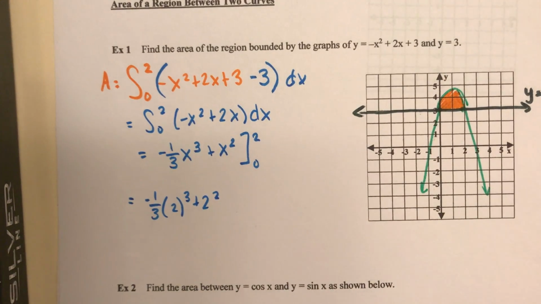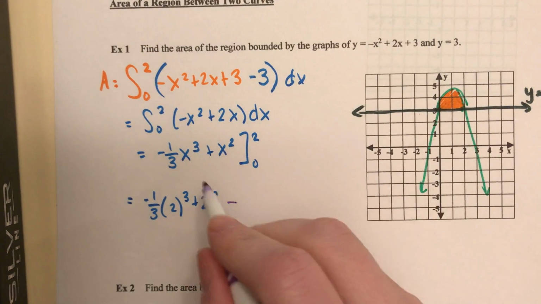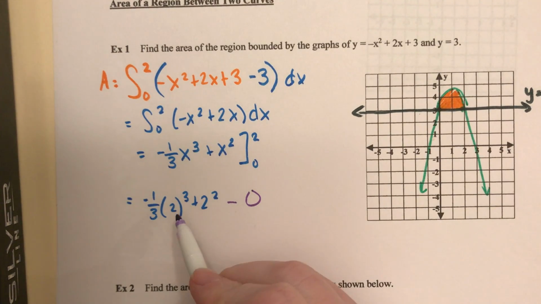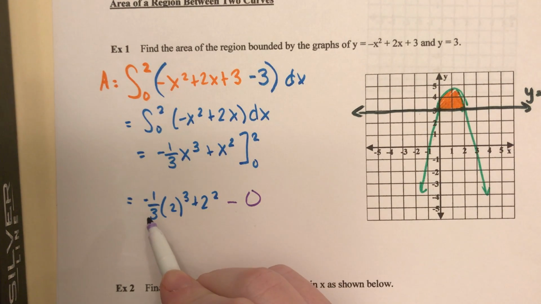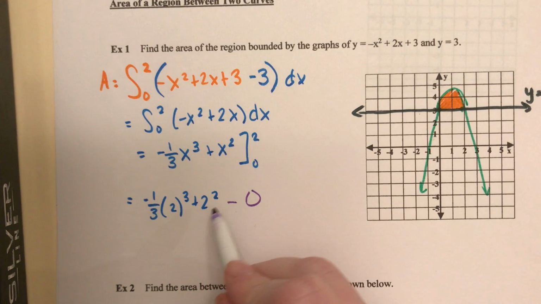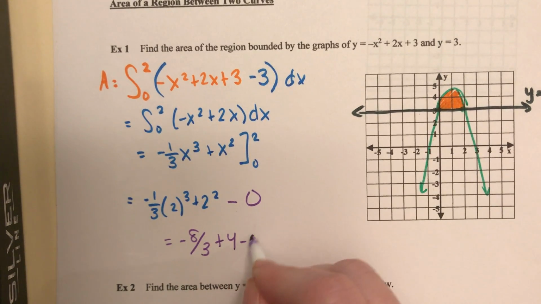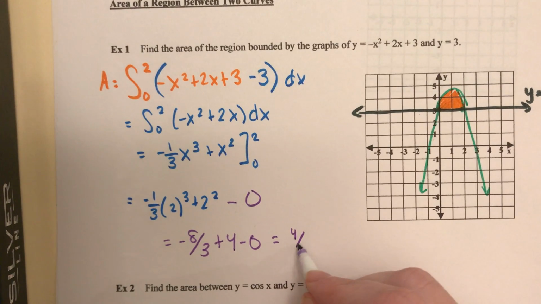Minus, I'm going to plug in 0. But if I look at this, if I plug in 0, I get 0 back. So I've got 2 to the 3rd power, which is 8, so negative 8/3 plus 4 minus 0 gives me 4/3.